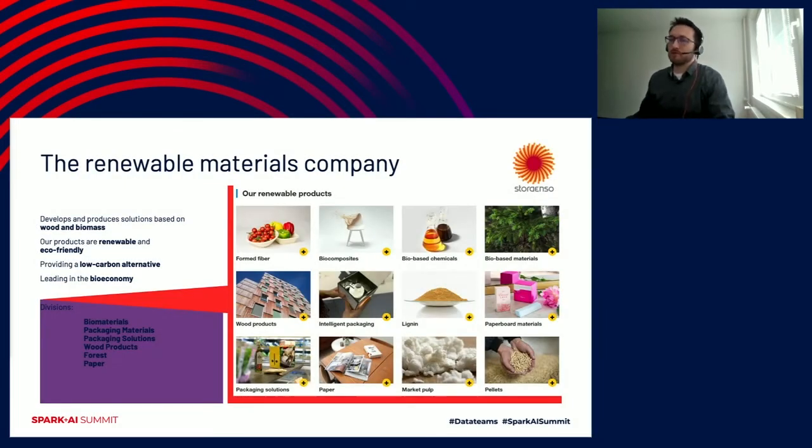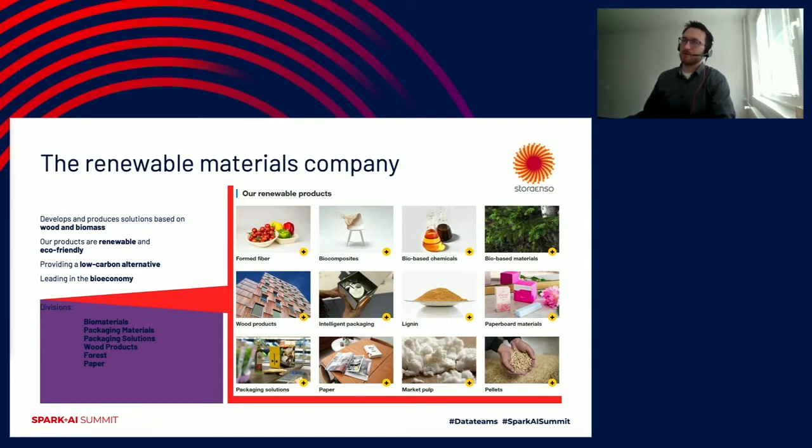Stora Enso is a leading provider of renewable solutions in packaging, biomaterials, wooden construction, and paper globally. We basically focus on wood processing and pushing towards more efficient and more renewable materials from these.